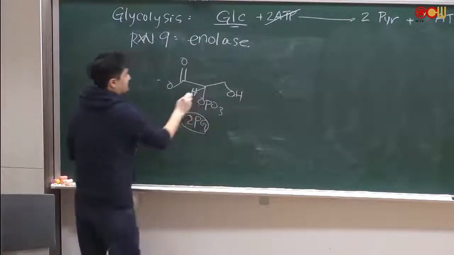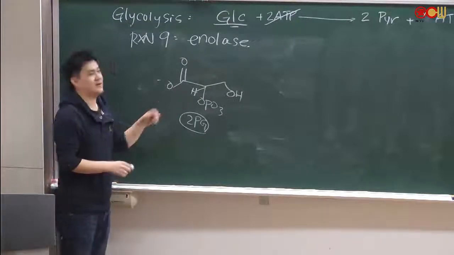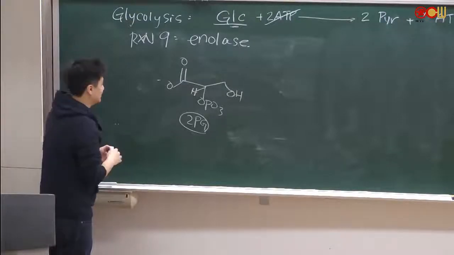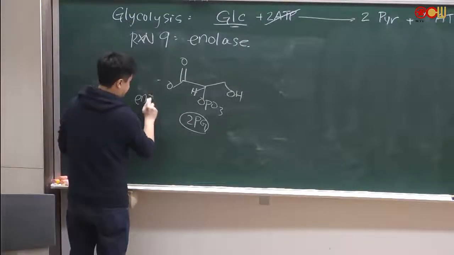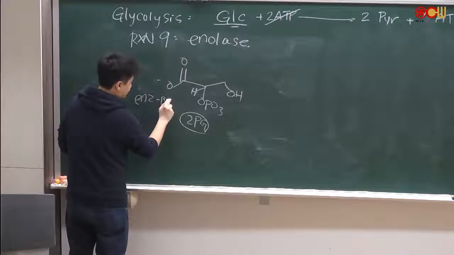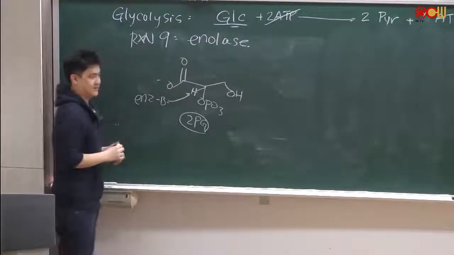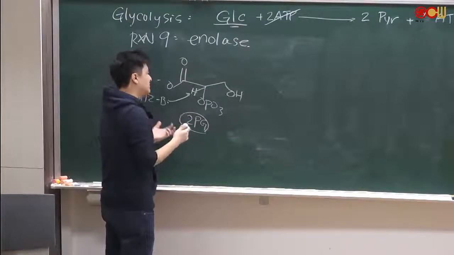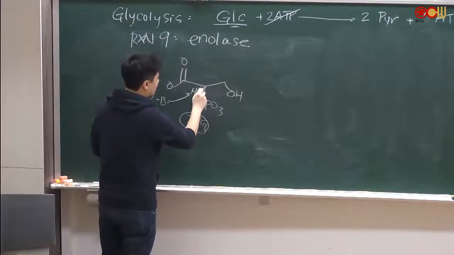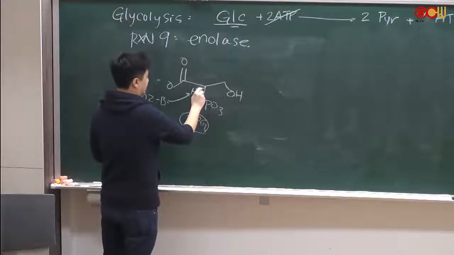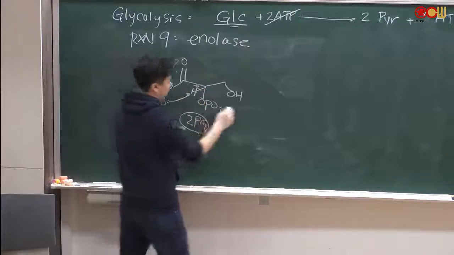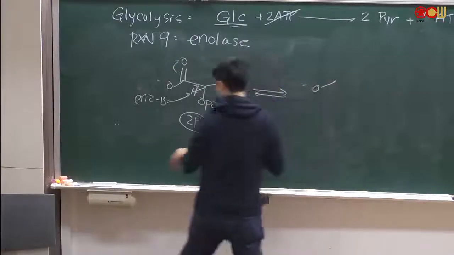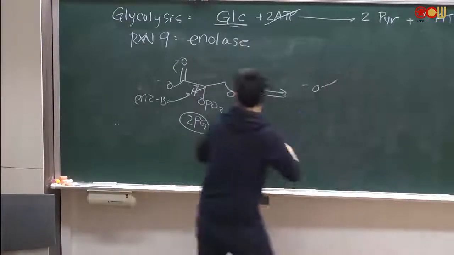In terms of this mechanism, now we actually have a use for the alpha proton, or the alpha hydrogen. Your enzyme grabs that hydrogen. You can think of it as forming an enolate. Actually, no, sorry, it doesn't really form an enolate.